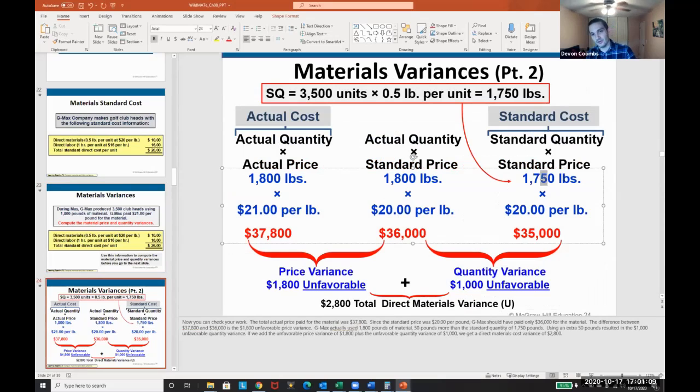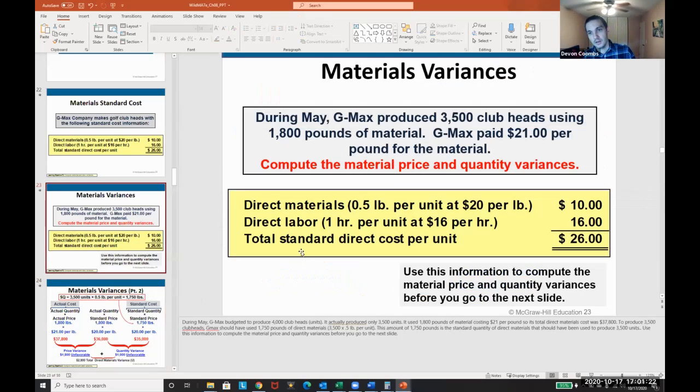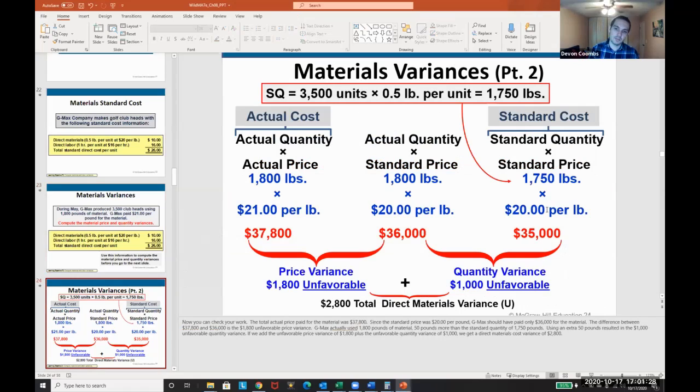Here is our standard use, our 1,750, which comes from the amount of units times the quantity per unit. And then we expect $20 per pound. We paid 21, but 20 comes from here. This is our standard cost from the direct materials, 20 per pound. That gets us our 35,000.